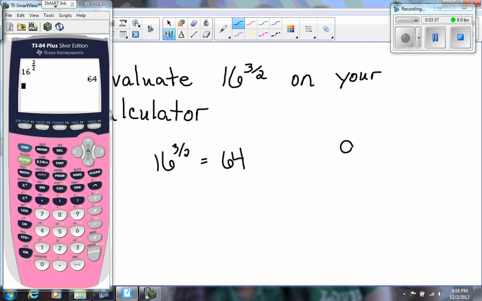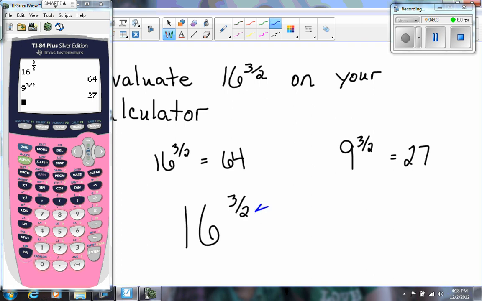I'll have you try 9 to the 3 halves. So if we do 9 raised, and I'm going to just go 3 divided by 2 for 3 halves, and I get 27. What's taking place is on this fraction, I'm going to write it big because I'm going to list some parts here.